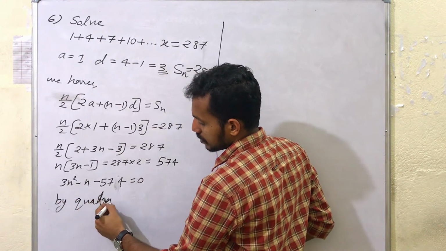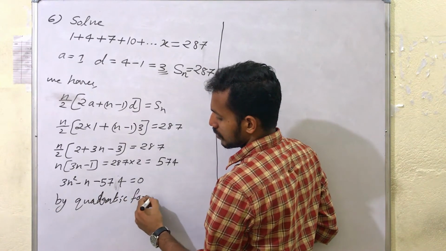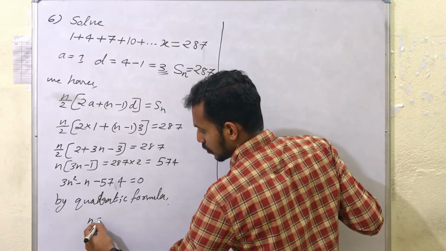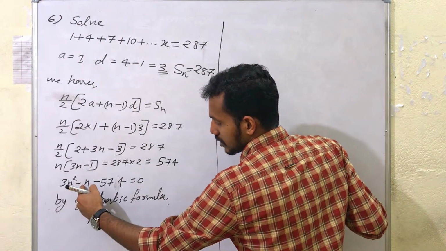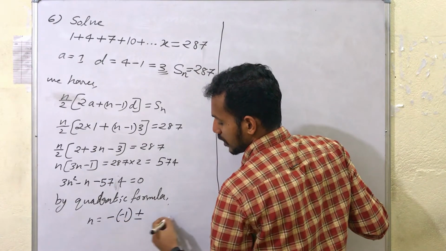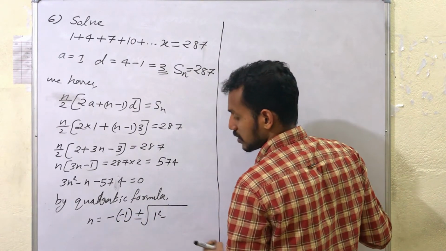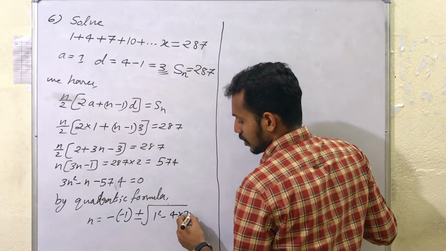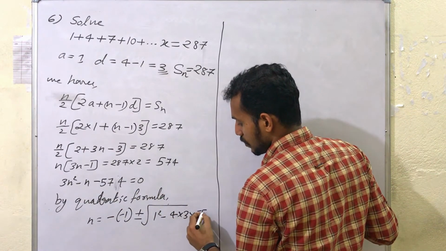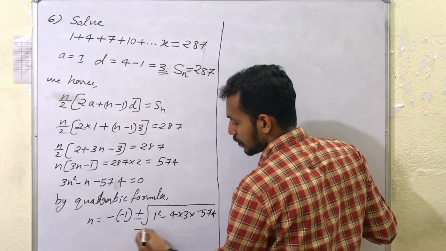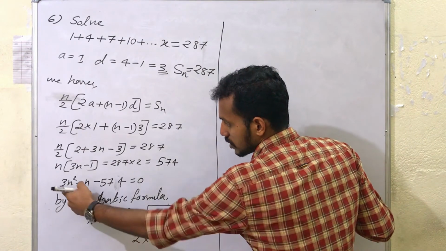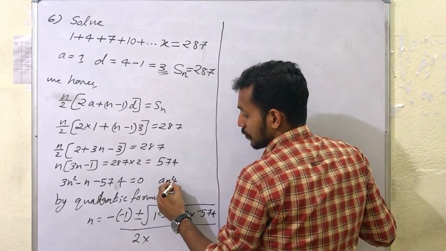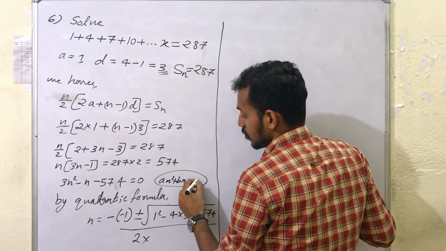By using the quadratic formula, n is equal to minus b, where b is here 1, so minus 1 plus or minus root of b square, that is 1 square, minus 4ac, 4 into a, which here is 3, into c, which is minus 574, divided by 2a. Here a means not this a; I am discussing the general form of the quadratic equation, ax square plus bx plus c is equal to 0.